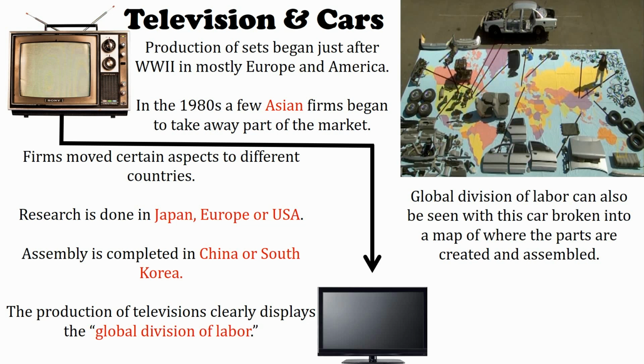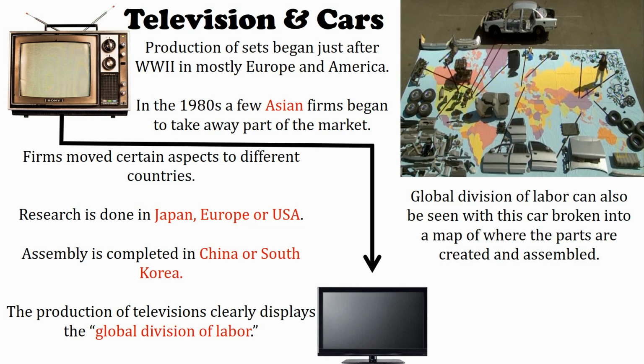And firms, instead of making manufacturing only occur in Europe or America, began to move certain aspects to different countries. So for instance, maybe Japan and Europe and the US would do some of the research, some of the higher end tertiary services, some of the R&D, research and development. Assembly would be done in a place with lower skilled or cheaper labor, like China or South Korea.